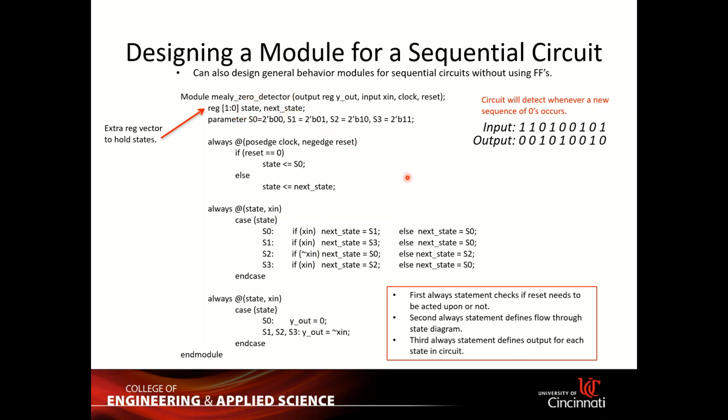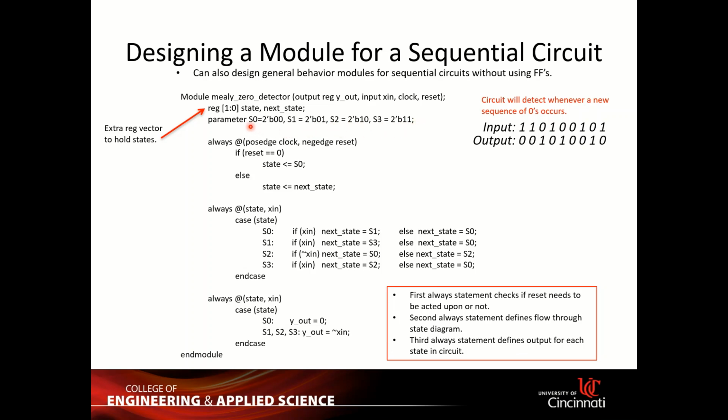Since we're going to work with a 4-state machine, we only need 2 bits to represent each state. So I can define the state as a 2-bit binary number. I can also use the keyword parameter to assign a label for each number.